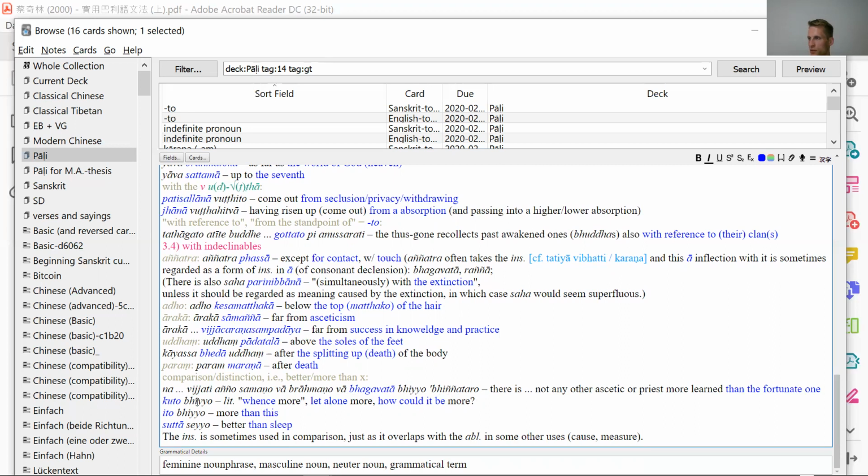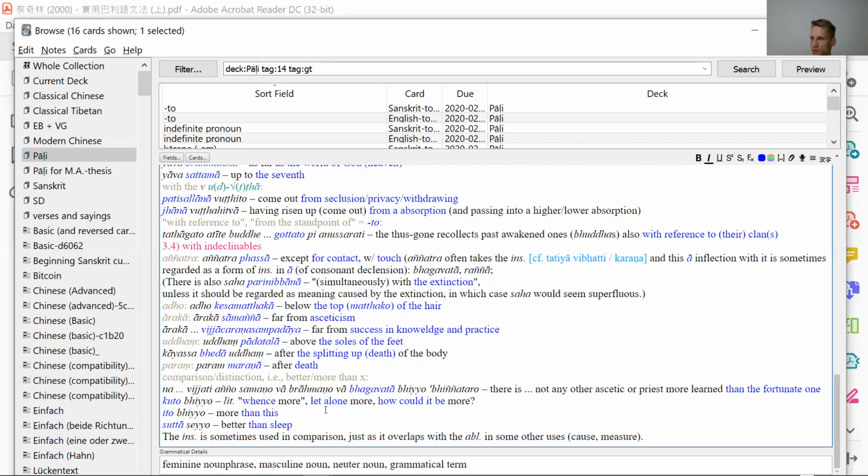There is not Navichati, any other ascetic or priest, Anyo Samanova Brahmanova, more learned, Binyataro, than Bio, the fortunate one, Bhagavata. Oh, sorry, Bio is like more than the fortunate one, Bhagavata. Kutobio, whence more, let alone more, how could it be more? Ito bio, more, bio than this, ito. Sutta, seo, better, seo, than sleep, sutta.